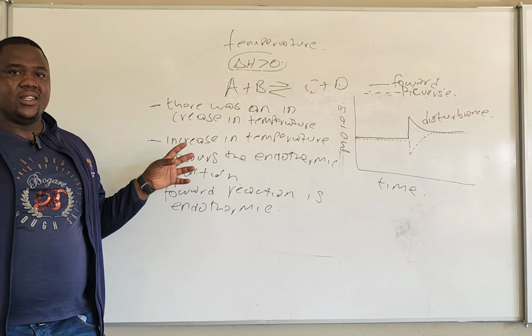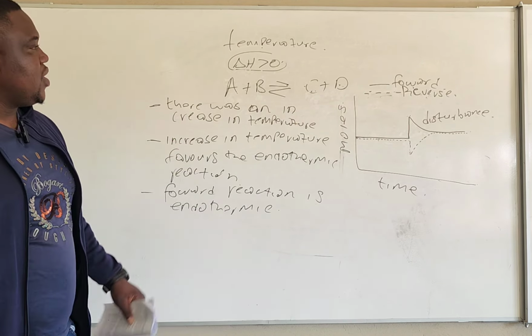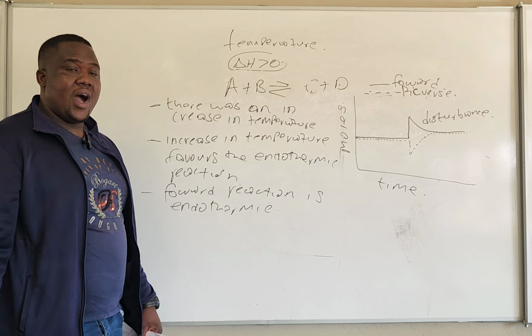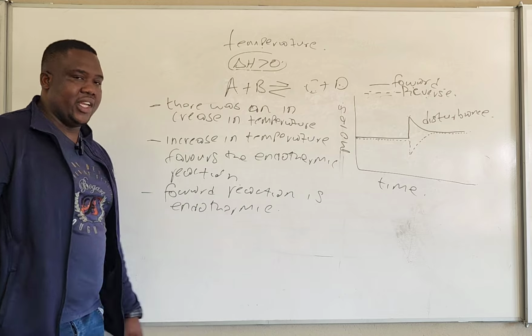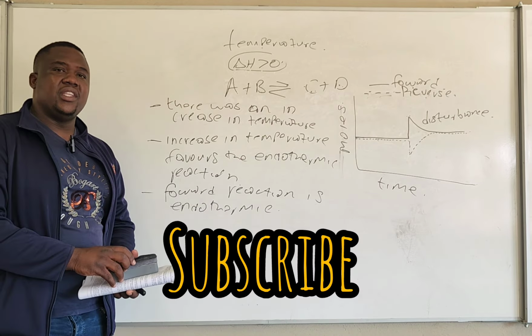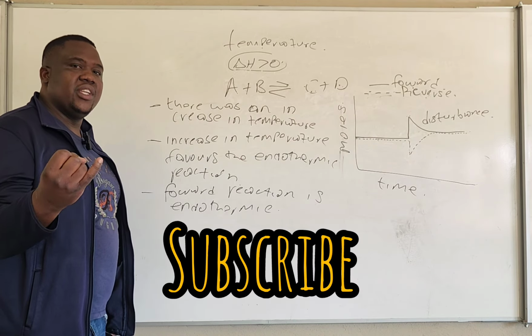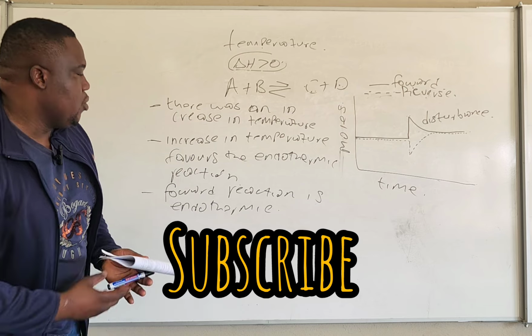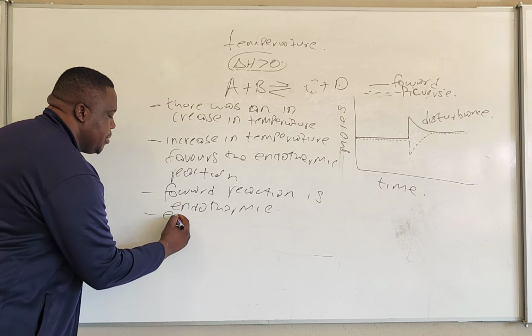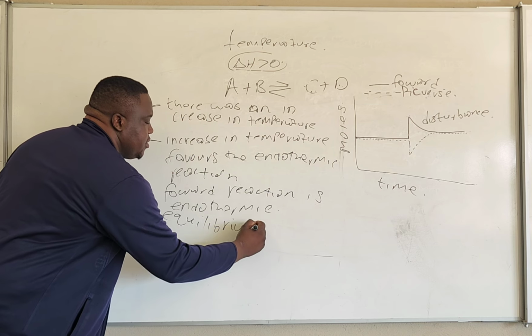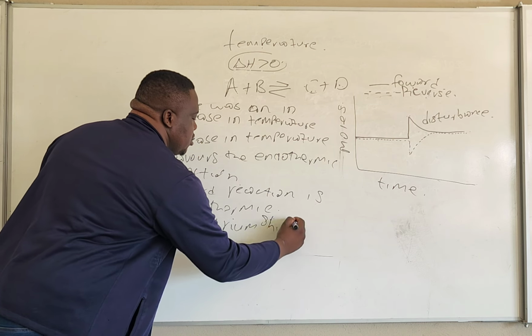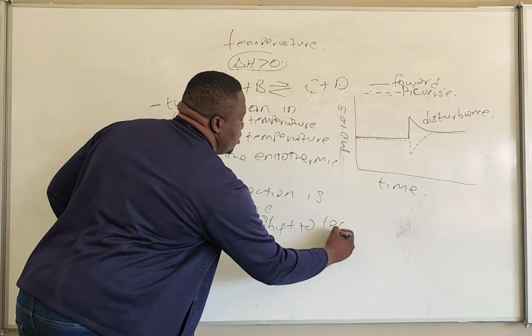You understand? Okay. I hope you understand how temperature can shift chemical equilibrium and how we can use Le Chatelier's principle. Le Chatelier's principle needs us to indicate which reaction is favored, and maybe we can also indicate that equilibrium shifts to the left.